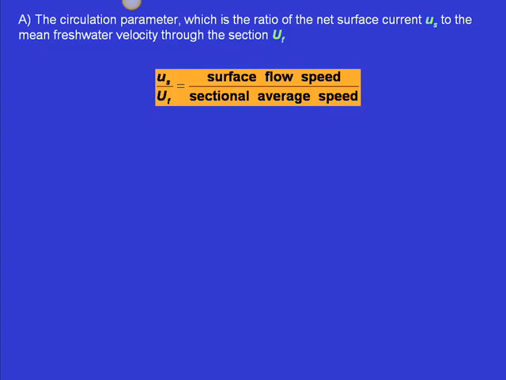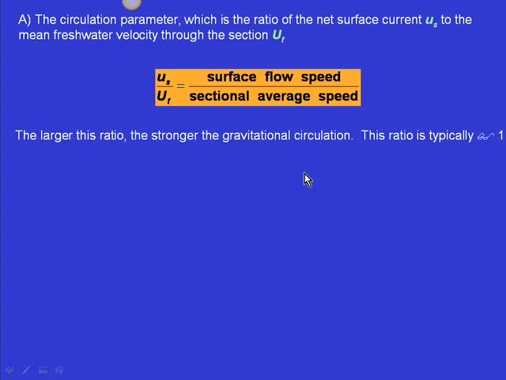The smaller it is, the more unidirectional the flow is in this system. In the case of a river, this will be close to 1. Or in the case of a well-mixed system where you don't have return flow or gravitational inflow, this ratio will be order 1, or small, like you said. So keep that in mind: the larger this ratio, the stronger the gravitational circulation.